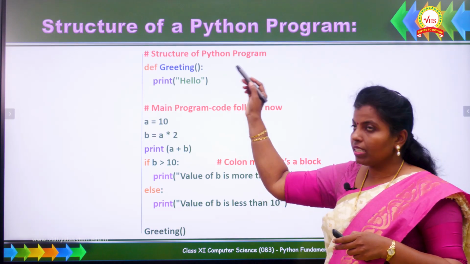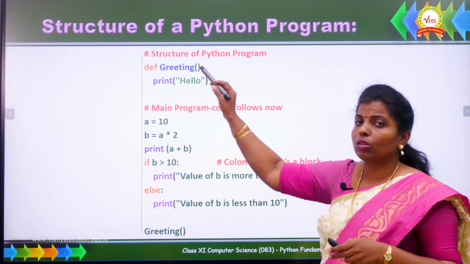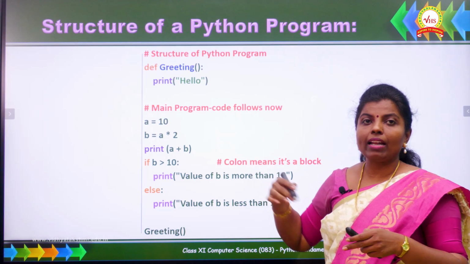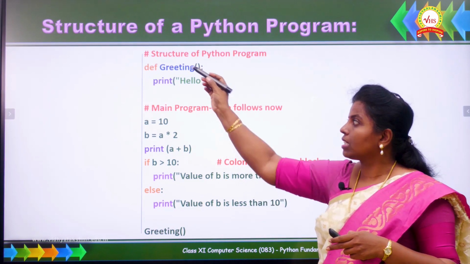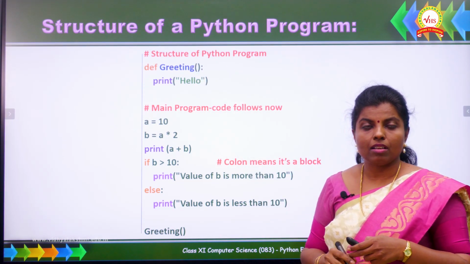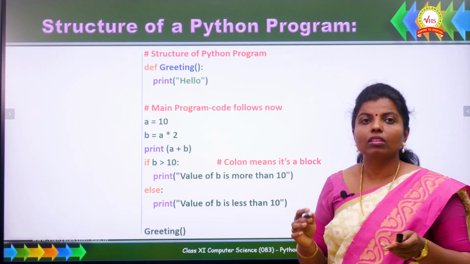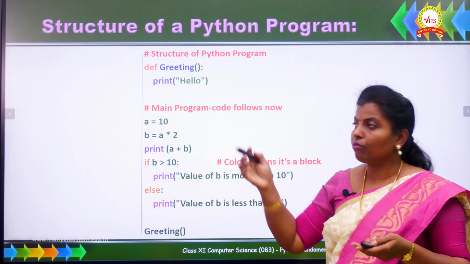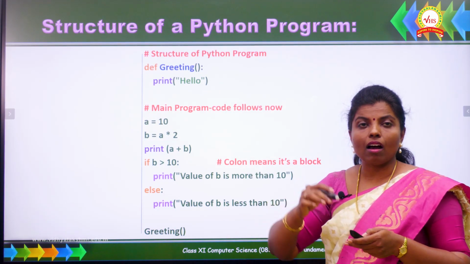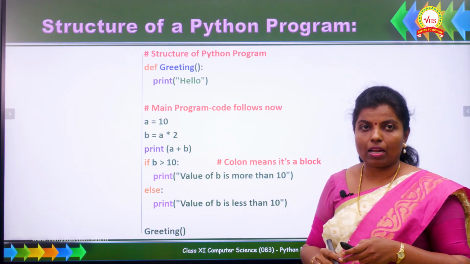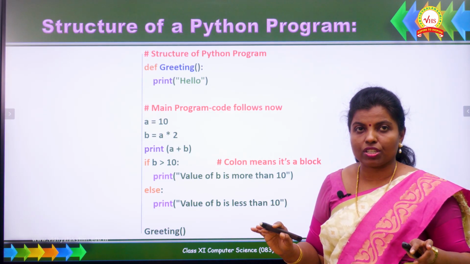When the Python interpreter interprets, it omits all these comment statements. These comments will be available only in the programming code. The programmer or user can view these comments. These are for understanding, additional information for the programmers.